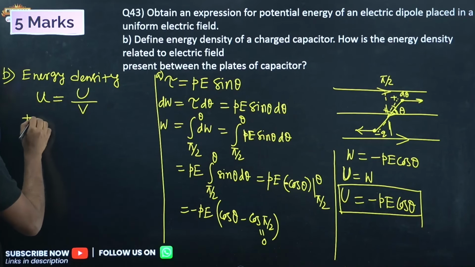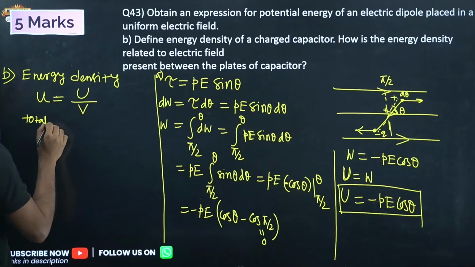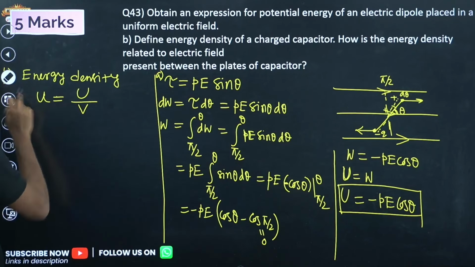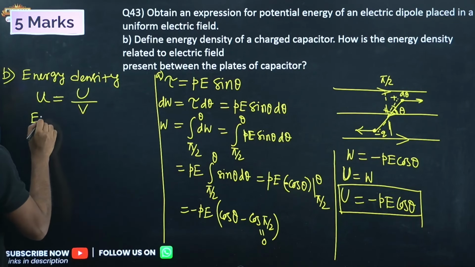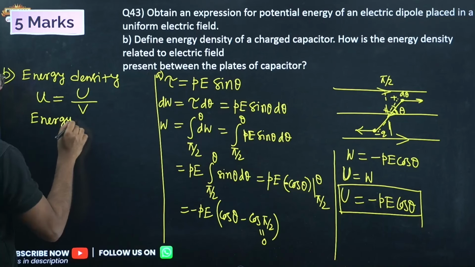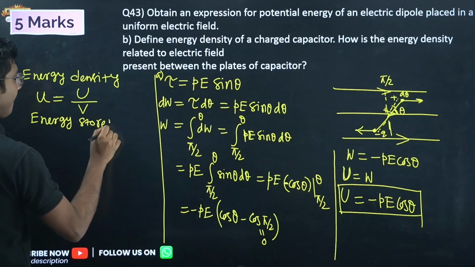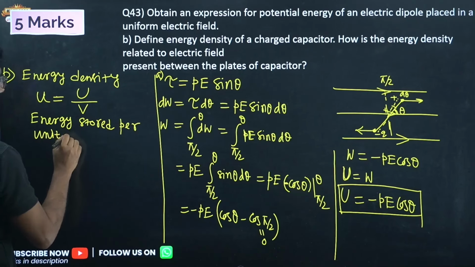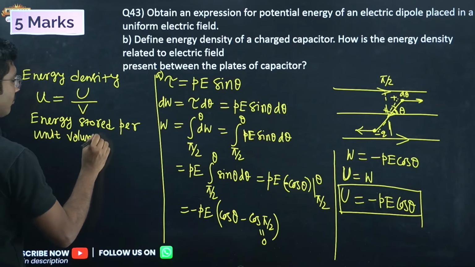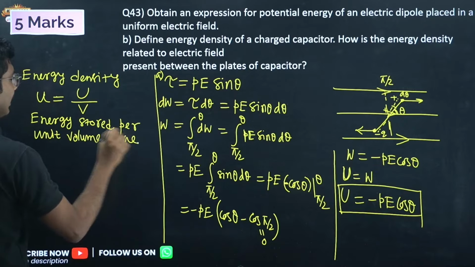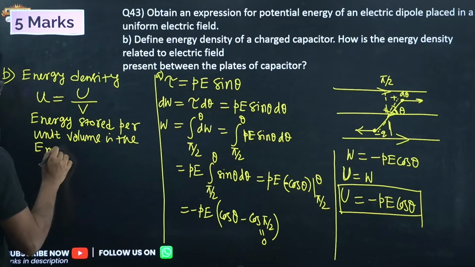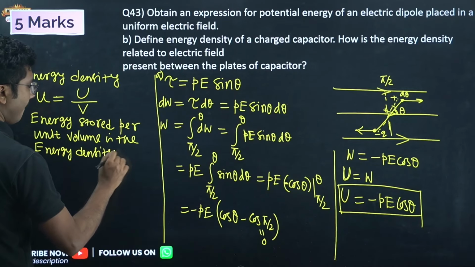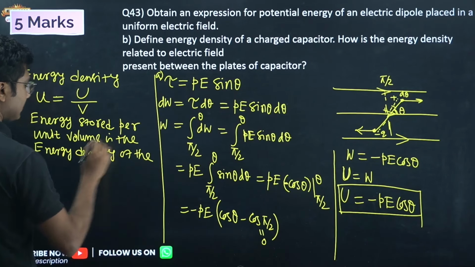So energy stored per unit volume is the energy density of the capacitor.